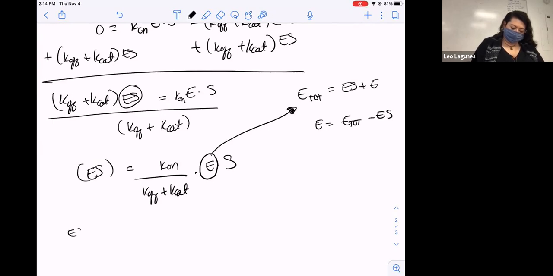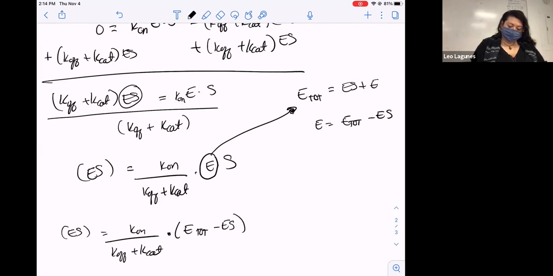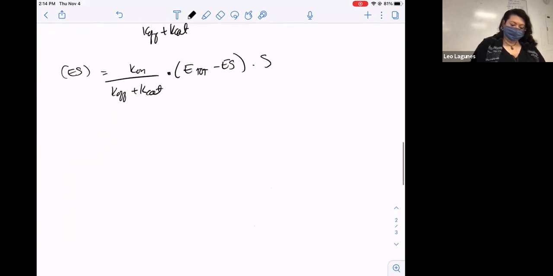So now we have ES is equal to K on over K off plus K cat times, and now we're going to replace this, E total minus ES, times S. You can probably see where this is going.